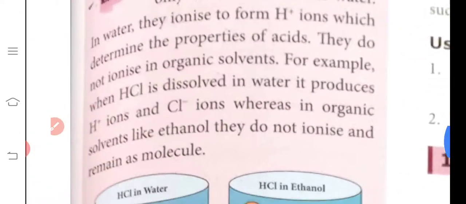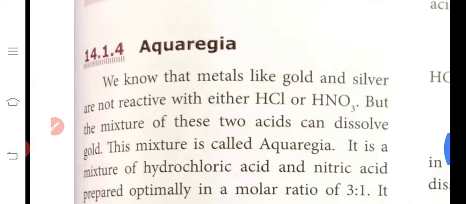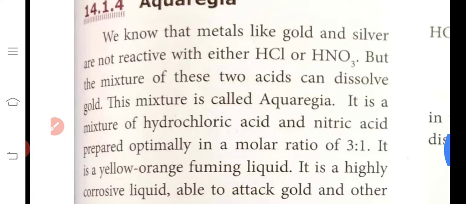Then next one, what is meant by aqua regia? We know that metals like gold and silver do not react with either HCl or HNO3.